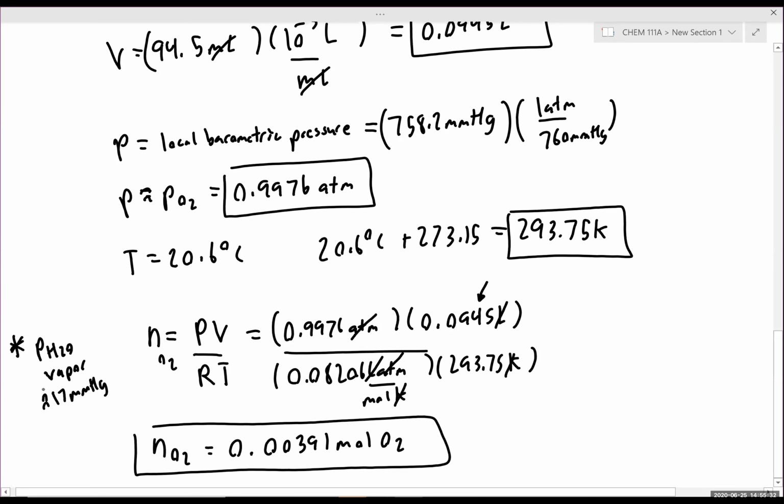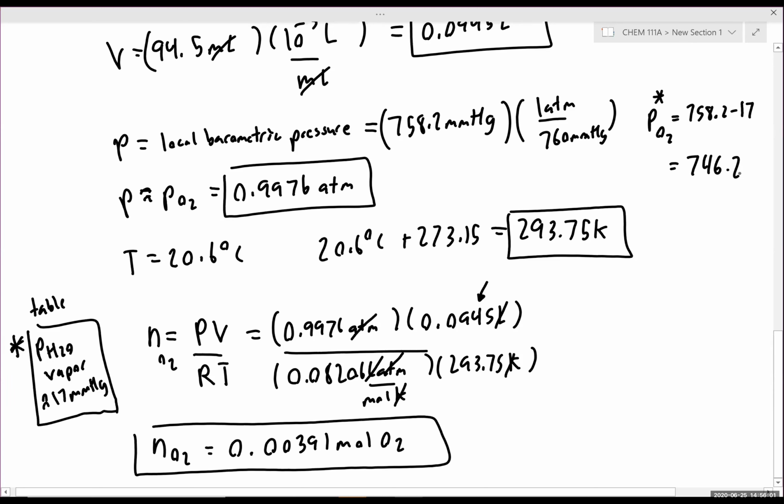If you'd want more details on how to account for the pressure of water vapor, you'd look up the pressure of water vapor in a table, which gives you about 17 millimeters of mercury. To get the adjusted pressure of O2, we take our 758.2 minus 17, which gives us 746.2.